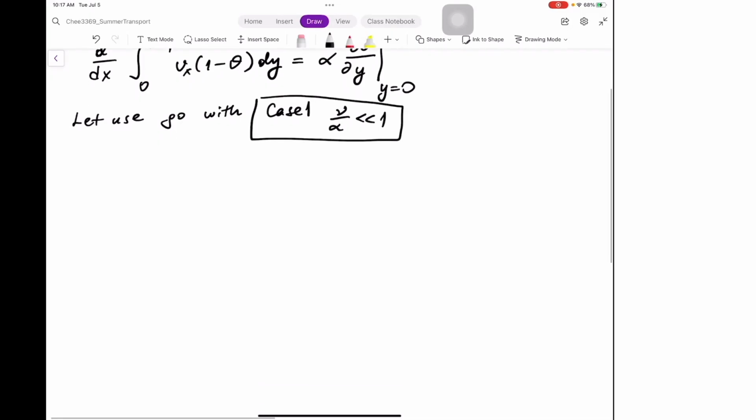Okay. And we're going to do a similar analysis as we did in the momentum boundary layer theory. So let's write it down just like in the case of the momentum integral.